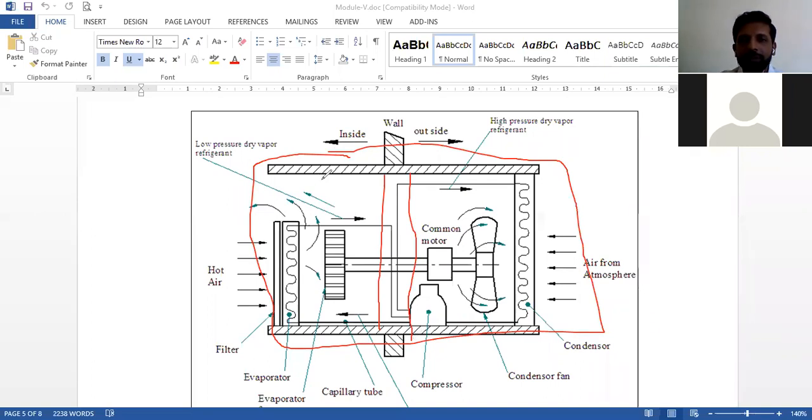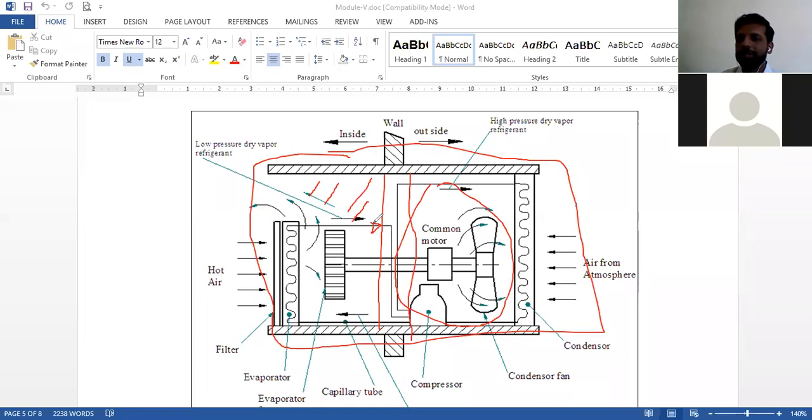So this half is what is being mounted inside the room. This particular portion carrying the motor, compressor, fan and all those things is made as a separate unit and placed onto the terrace or rooftop. And these two units are connected by these copper tubes.